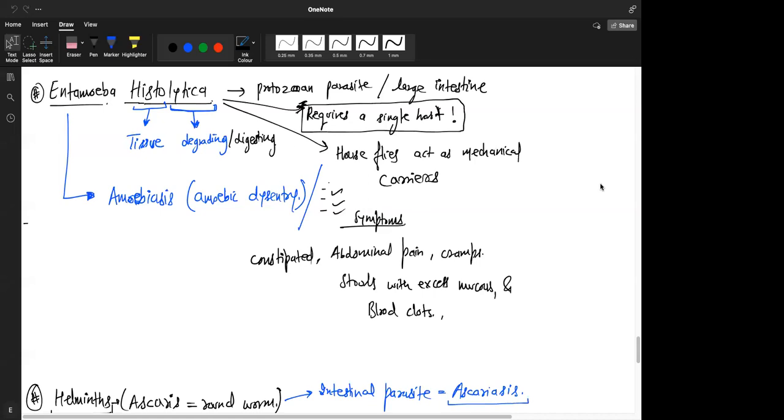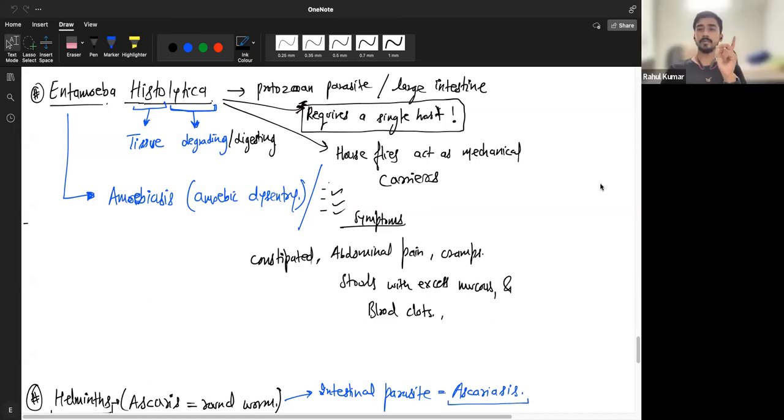The housefly acts as a mechanical carrier, as it transmits the parasite from the feces of an infected person to food and food products, thereby contaminating them. If you cannot remember feces as a word or a spelling, you can write excreta or excreted waste.